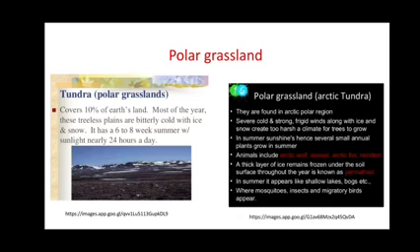A thick layer of ice that remains frozen under the soil surface throughout the year is known as permafrost. In summer, it appears like shallow lakes or blocks, where mosquitoes, insects, migratory birds appear in the summer.